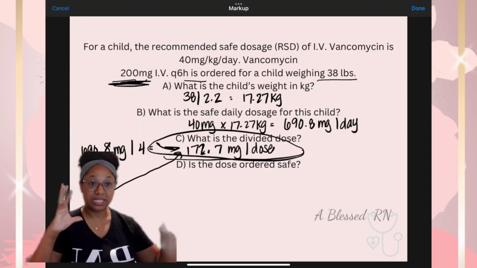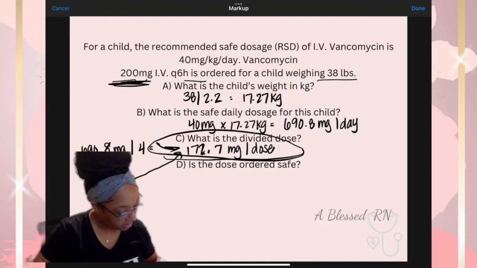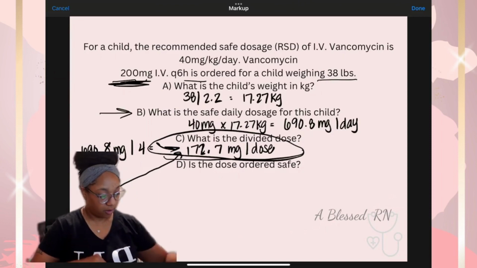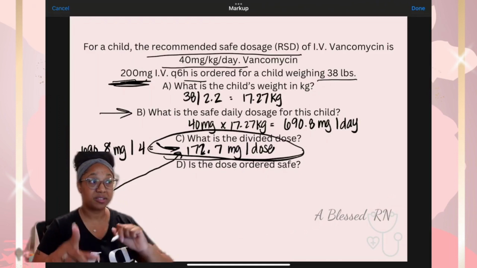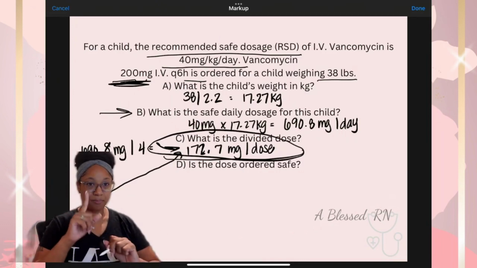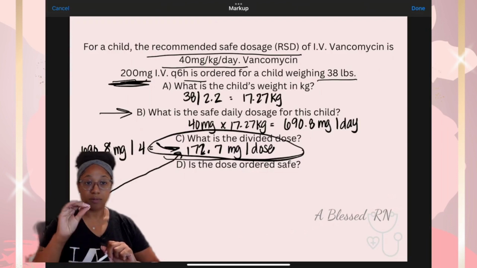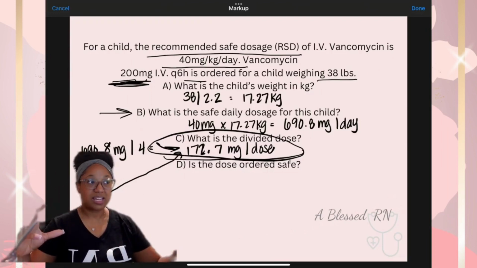All right. So yes, 200 milligrams is just one dose. The whole day dose is what we figured out right here on part B. That came from the part where it said the recommended safe dose, and it gave you 40 milligrams per kilogram per day. Okay? So it didn't say 40 milligrams per kilogram per dose, or per minute, or per hour. It said for the whole day, they can have this many milligrams.